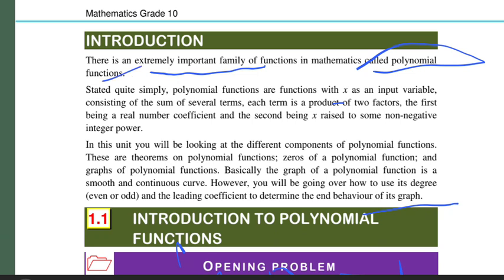Study it quite simply: a polynomial function with x as the input variable. Again, the input variable becomes f of x.